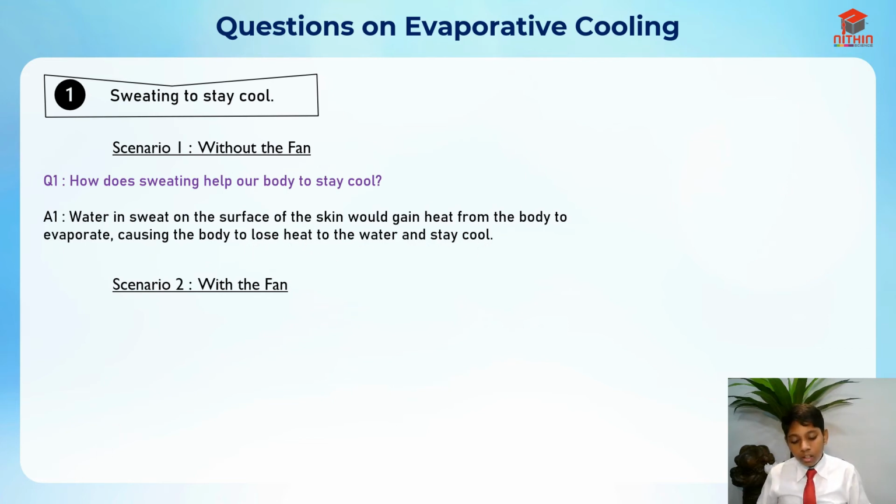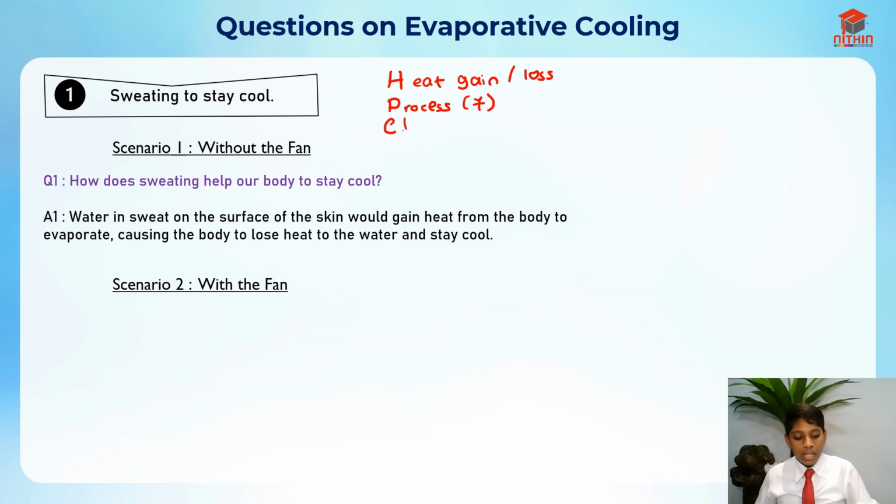Okay, do you remember the HPC structure that I went through last video? H stands for heat gain or heat loss. And P stands for process. And there are 7 processes, remember?